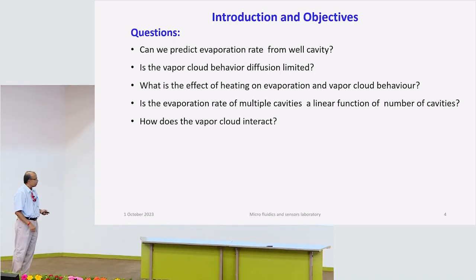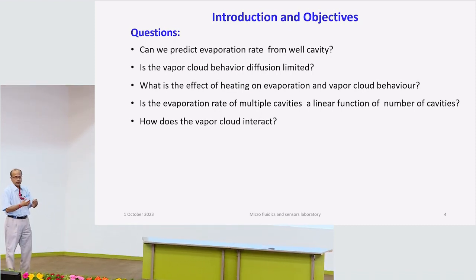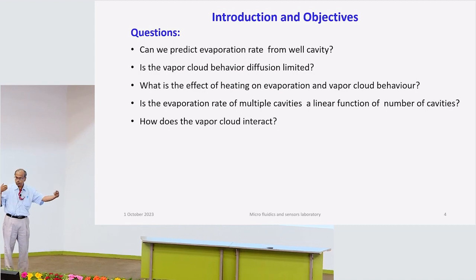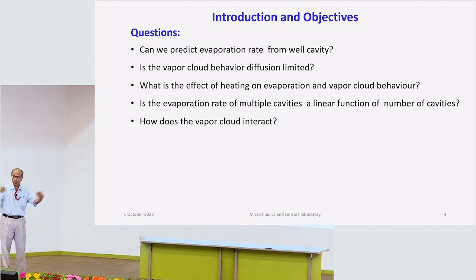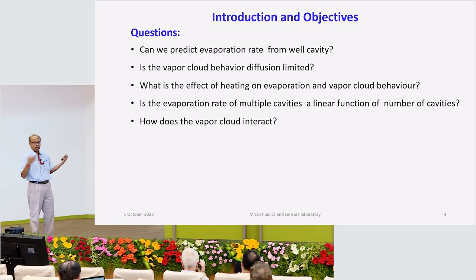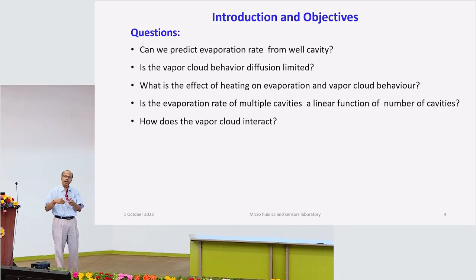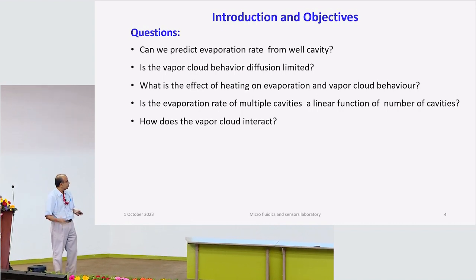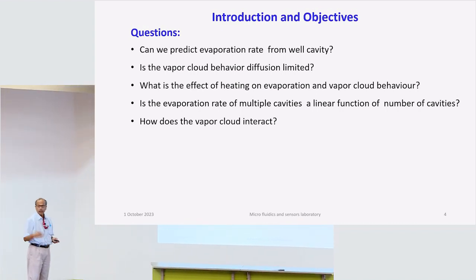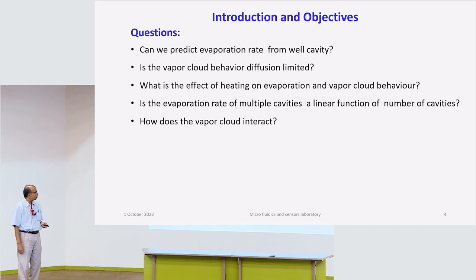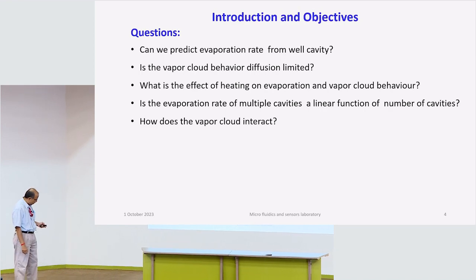And then, as I was trying to increase the output of my protein crystal system, same as drug screening, with more droplets and more wells, can I linearly multiply and say this is my total evaporation rate? Is it possible or not? And then how does the vapor cloud interact? That's what we have seen, but how does it really happen? We are not sure about it.